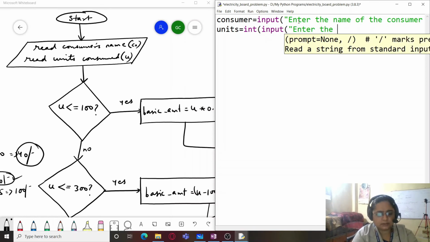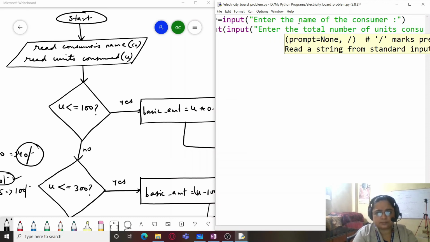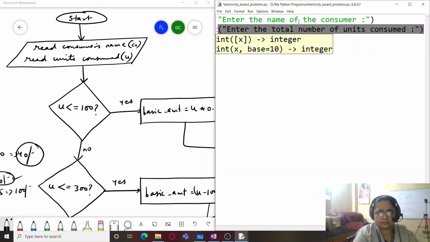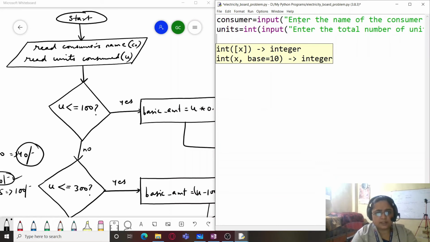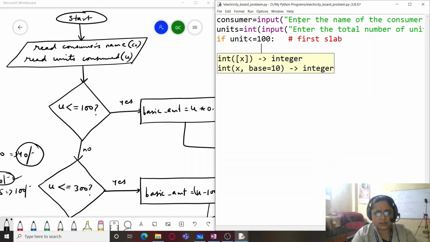Enter the total number of units consumed. After this, we have to check if units is less than or equal to 100. That is, I'll be giving a comment line here, first slab. If that is so, then one second.